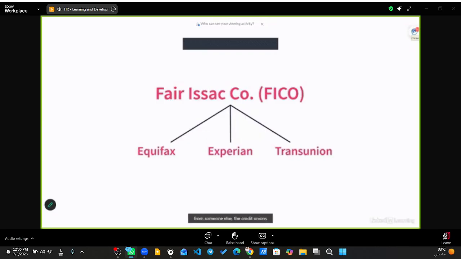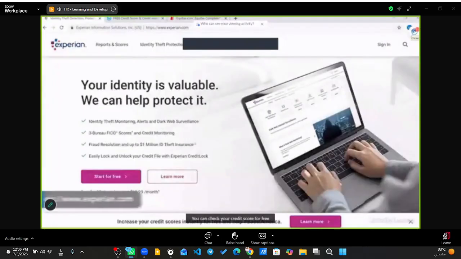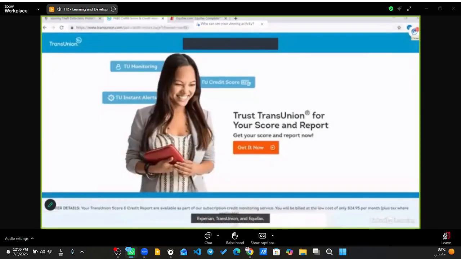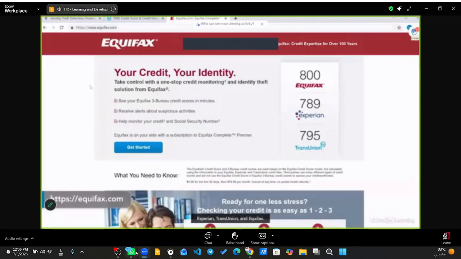Essentially, anytime you borrow money from someone else, the credit unions are gathering information on you. And they gather information on whether you pay those loans on time in order to determine your credit score. You can check your credit score for free with any of the three credit unions, Experian, TransUnion, and Equifax.